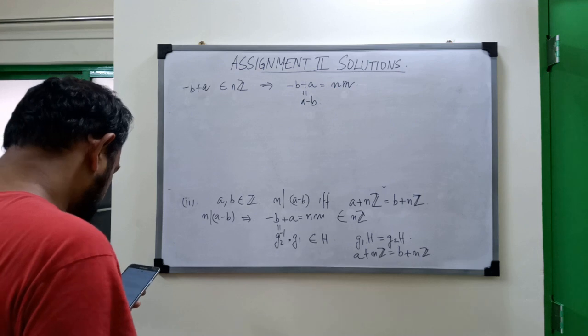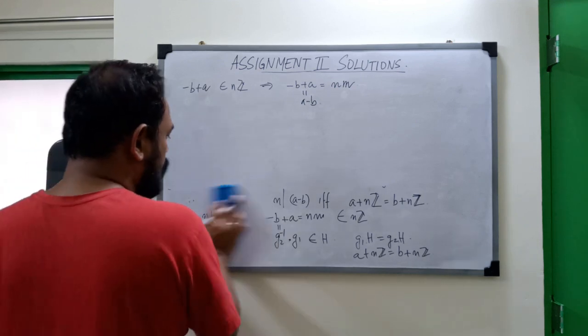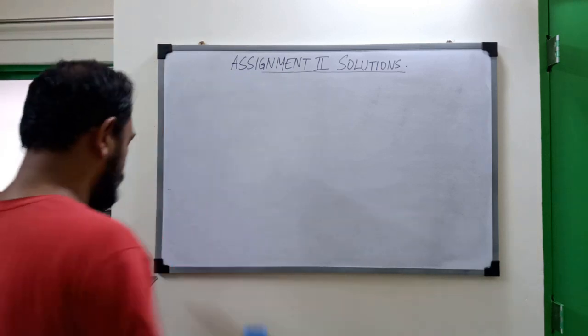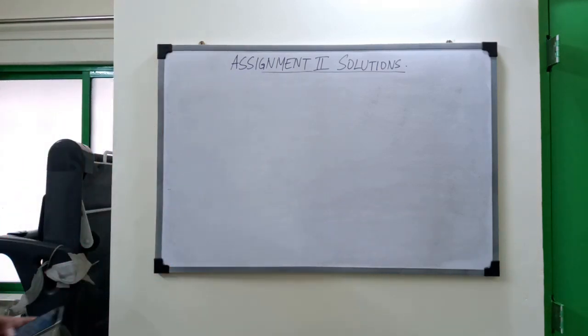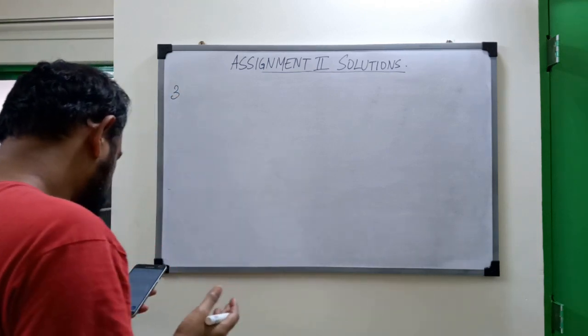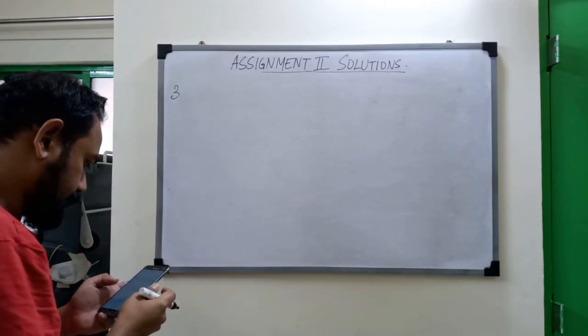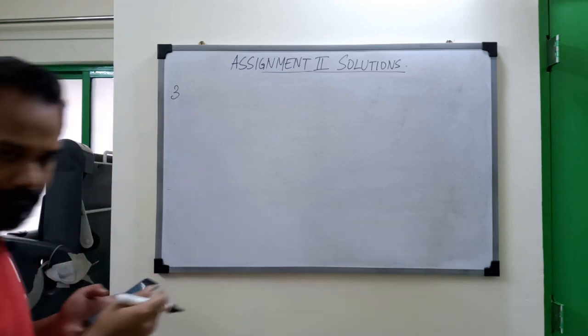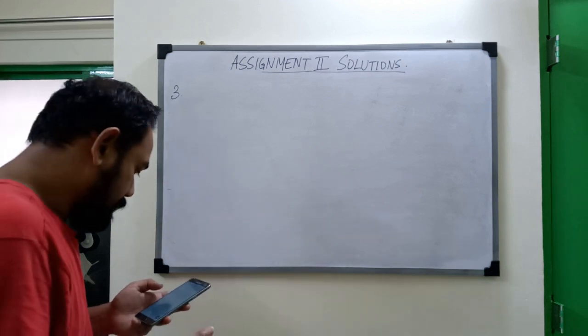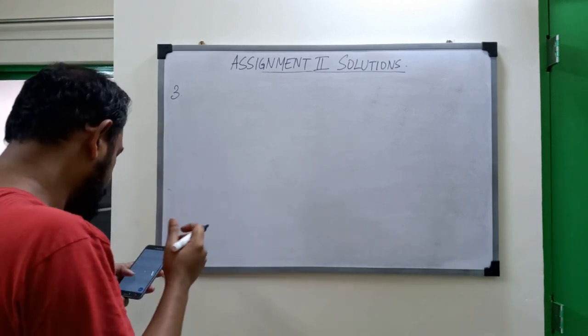What about the third problem? It is about showing that the conjugate of a subgroup is also a subgroup. This was one of the things that we had mentioned in passing while we were doing normal subgroups and kernels.